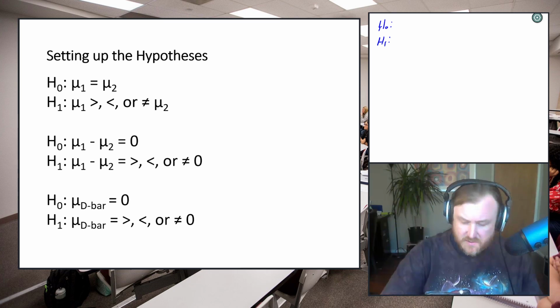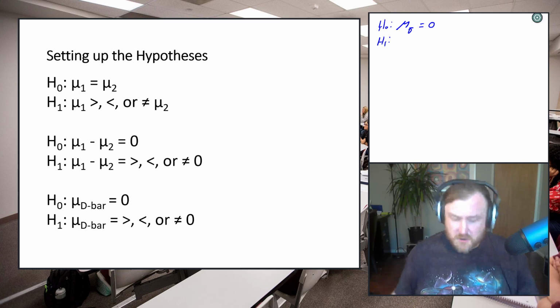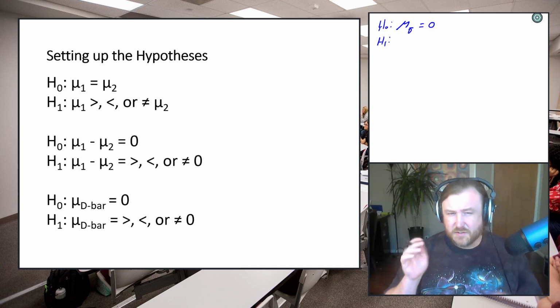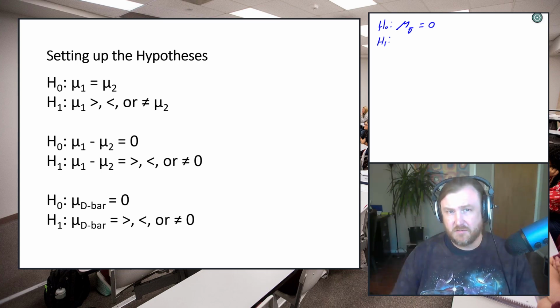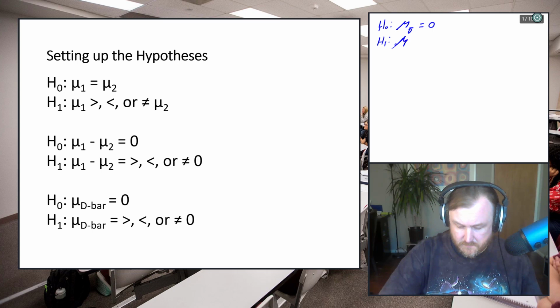So the null hypothesis is going to be mu of d bar is equal to 0. And the alternative, because he's just looking for a change, is going to be a non-directional test, which is mu of d bar is not equal to 0.